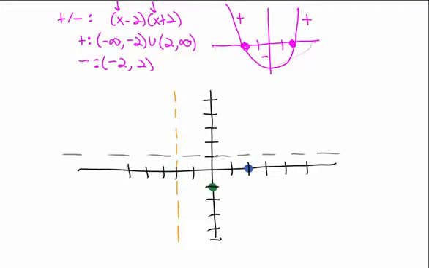And then we're ready to make our graph, knowing it should be positive to the left of 2. So to the left of 2, it's positive. From negative 2 to 2, it's going to be negative. And then from 2 on, it's going to be positive.